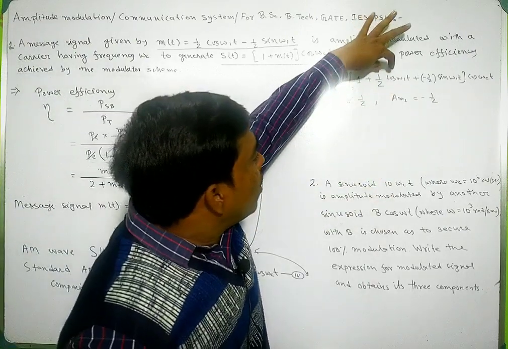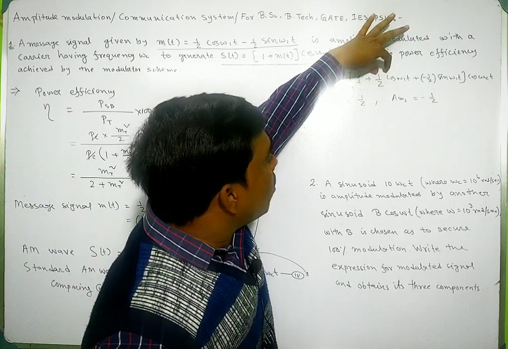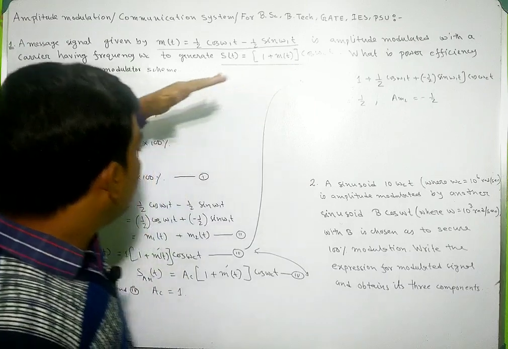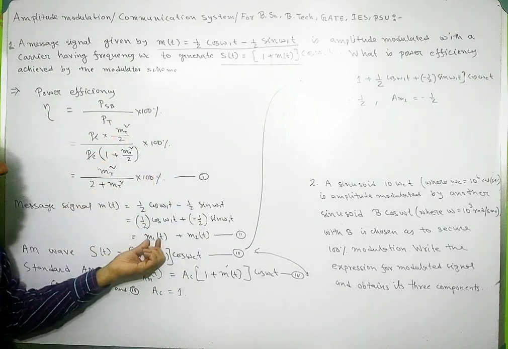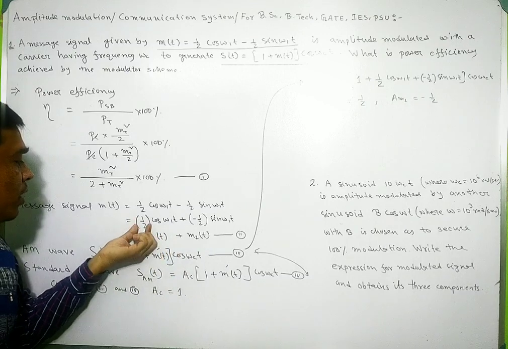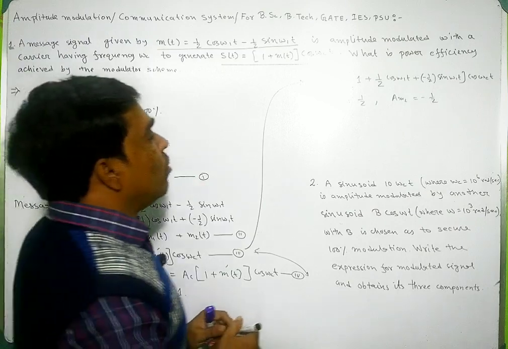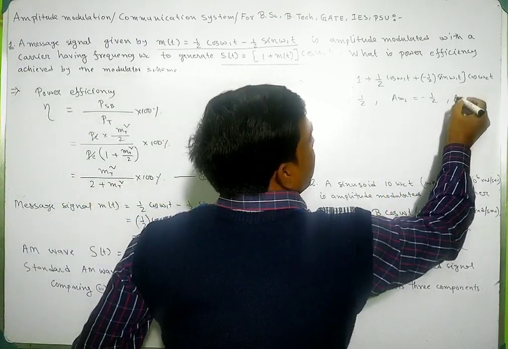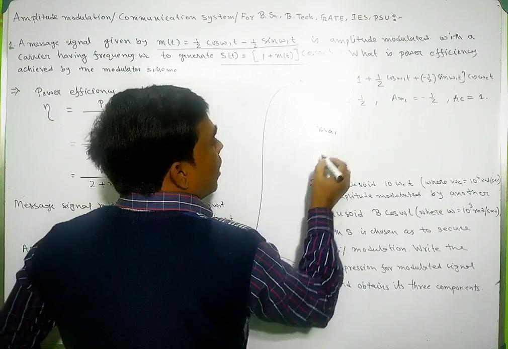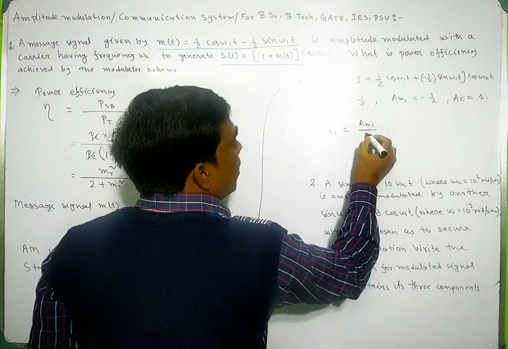So this is the amplitude of one message component and the amplitude of the other, because the message signal contains two parts, M1 and M2. So the amplitude of M1 is half and the amplitude of M2 is minus half. And Ac is given by 1, so Ma1 is given by Am1 divided by Ac.